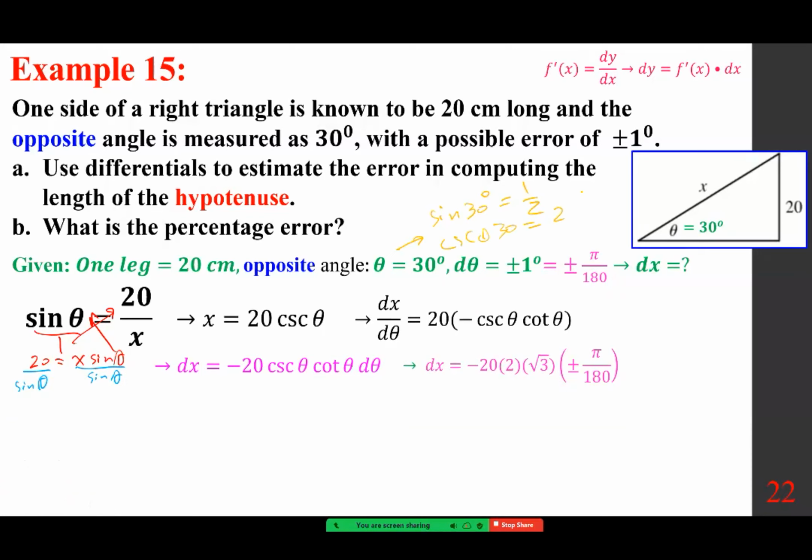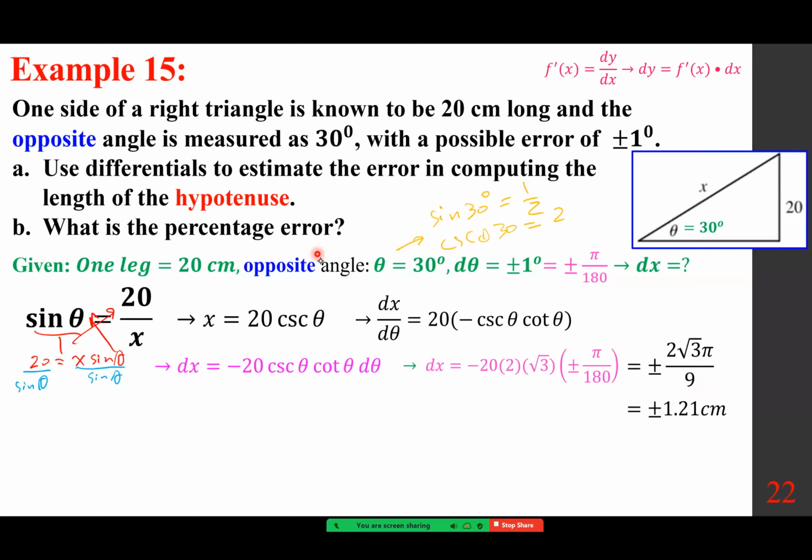So you use a calculator, or for now, keep it exact: minus 20 times 2 times square root of 3 times pi divided by 180, you get plus or minus 2 square root of 3 pi over 9, and that's fine. This is the perfect answer. You should keep it exact. Or if they ask you for a couple of decimals, plus or minus 1.21, and that would be in centimeters, the units of x.